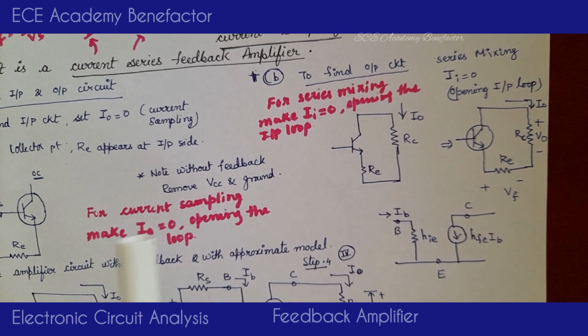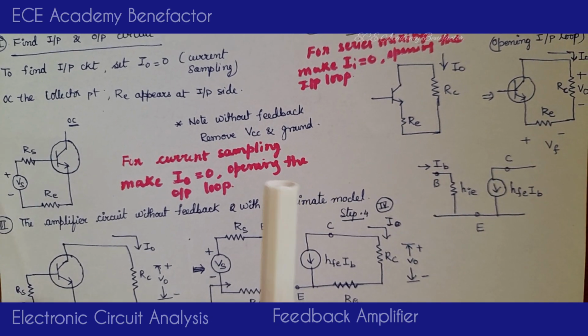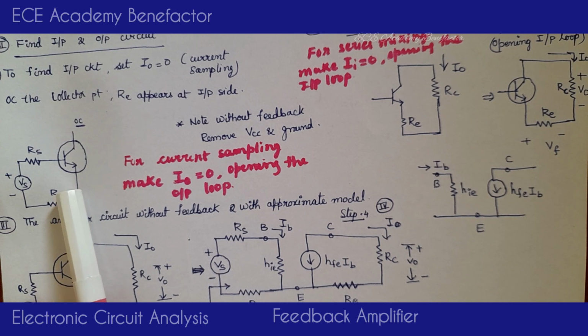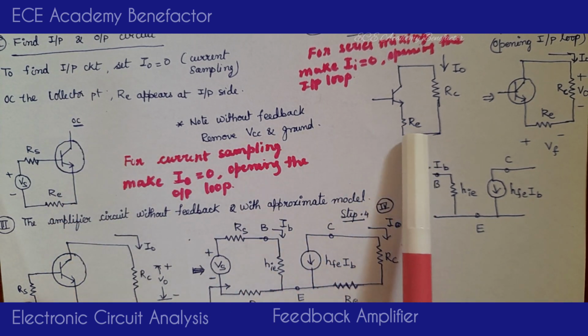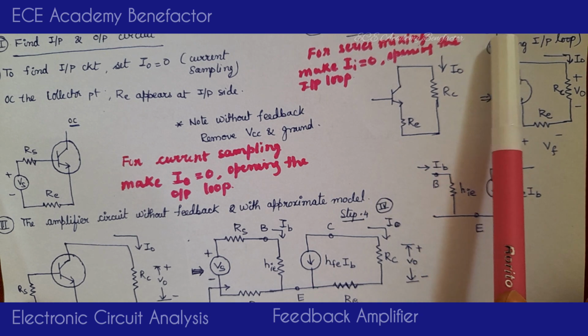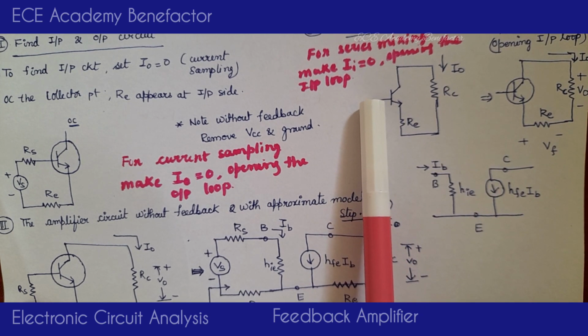For drawing the input circuit, we have to see what type of sampling is done. Current sampling, so make I0 0. For drawing the output circuit, we need to see what mixing is done at the input side. As it is series mixing, you have to make Ii 0 by opening the input loop.